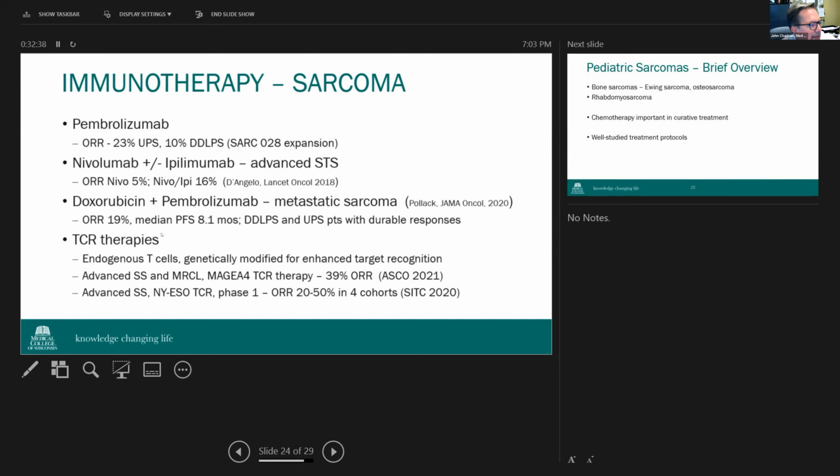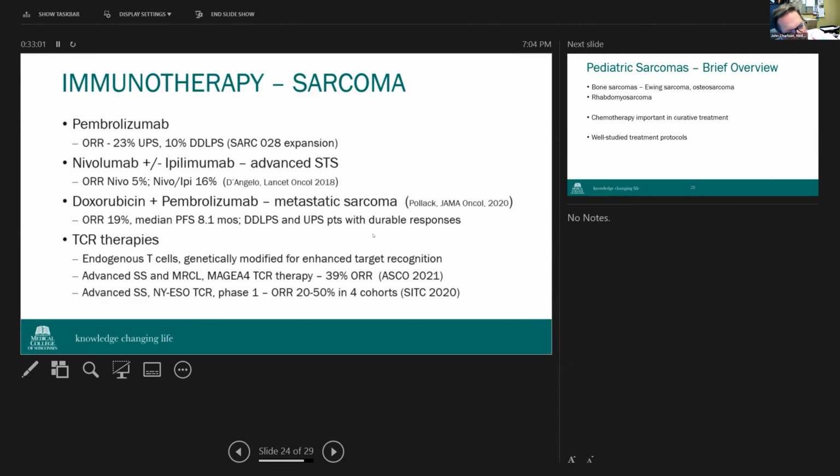Probably the newer generation of studies is really looking at what do you combine with an immune checkpoint inhibitor to make even more response or get a broader range of tumors to respond. So here you see traditional doxorubicin combined with pembrolizumab, and compared to chemo alone, a relatively good PFS and relatively good objective response rate.